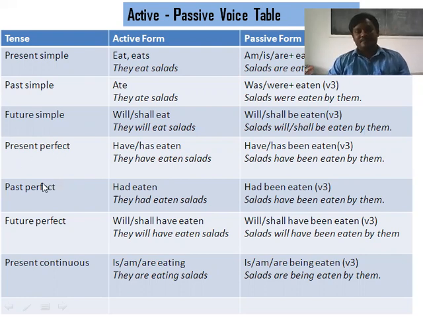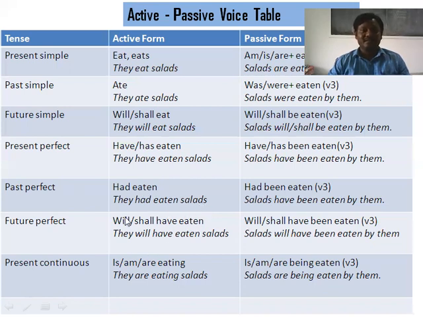Present perfect tense. The basic construction of present perfect tense is have or has plus eaten. They have eaten salads. When we transform this sentence into passive voice: salads have been eaten by them. Here the be form verb that we have used is been. Past perfect tense: had eaten. They had eaten salads.